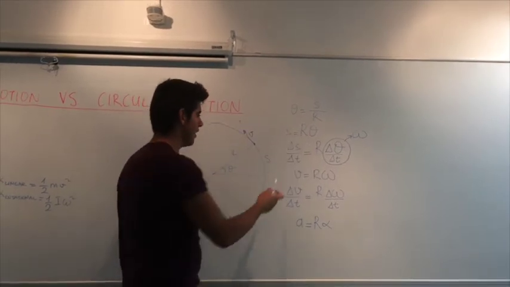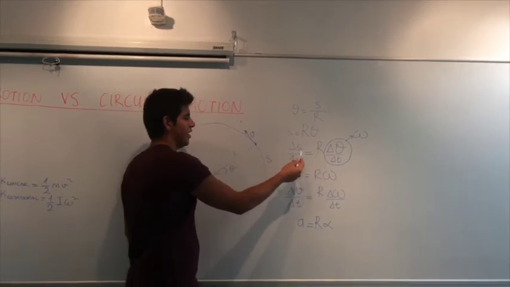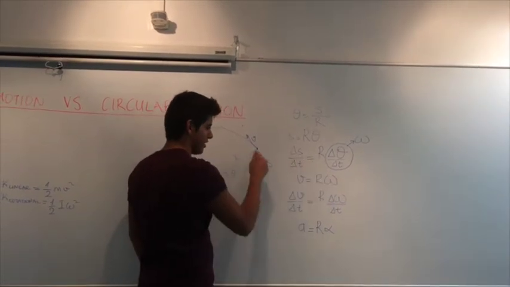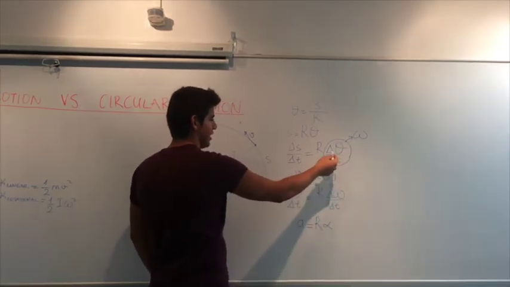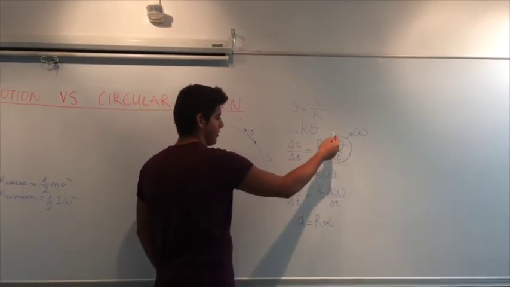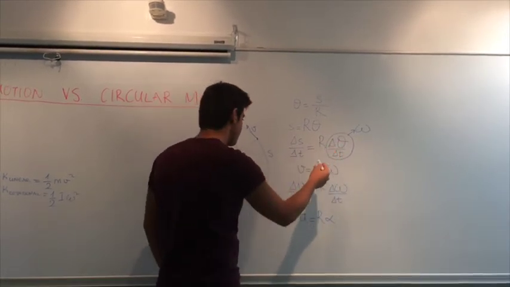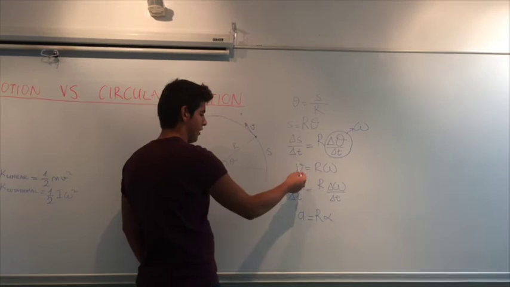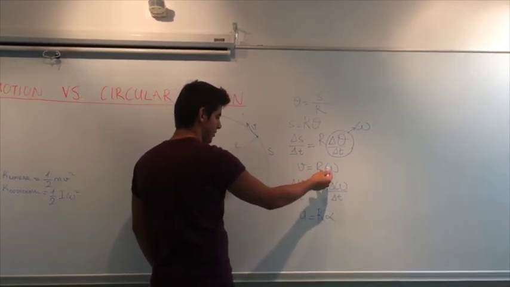case. Then the rate of change of displacement would equal the radius times the angular velocity, which in this case is the rate of change of radians, the rate of change of angles, which would give us velocity equals the radius times the angular velocity.